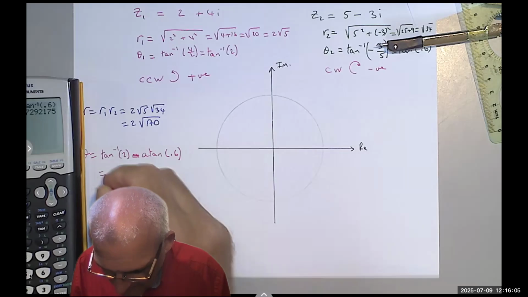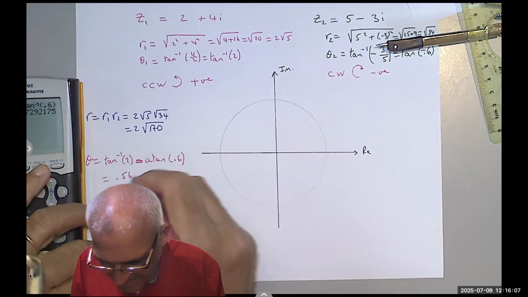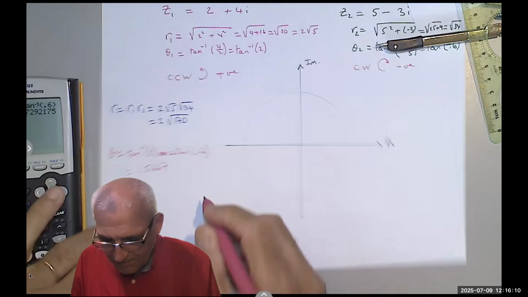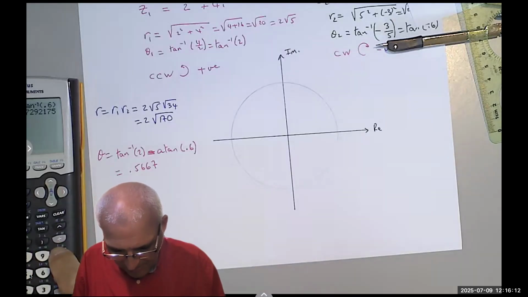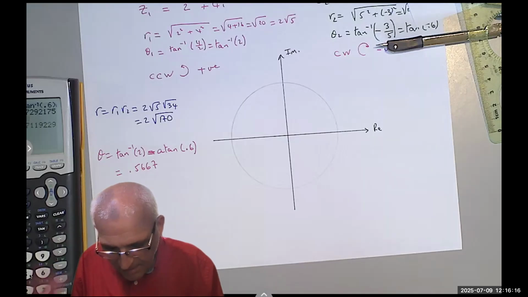I am in radians, so I get that the angle is 0.5667 radians. If you want, you can multiply it by 180 and divide by pi to get a feel.